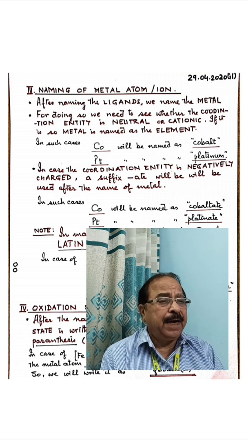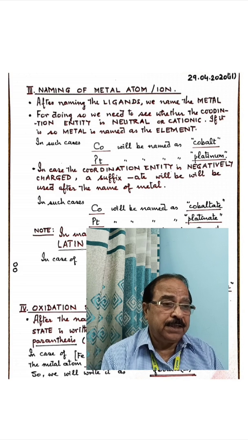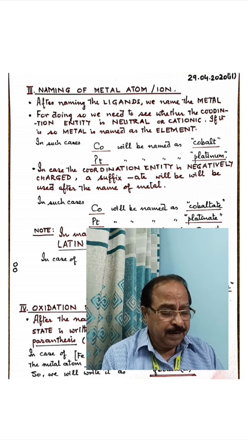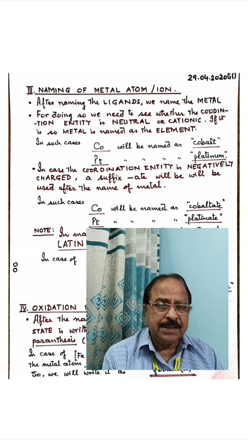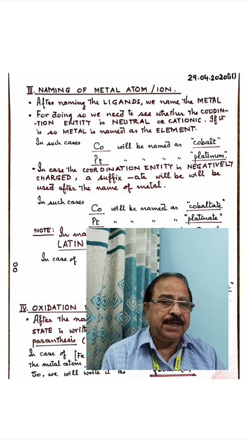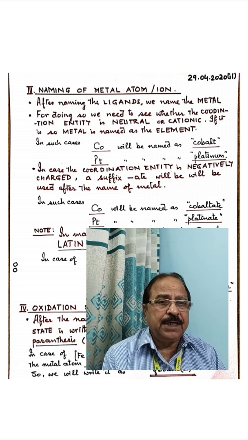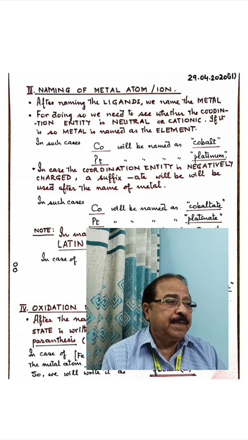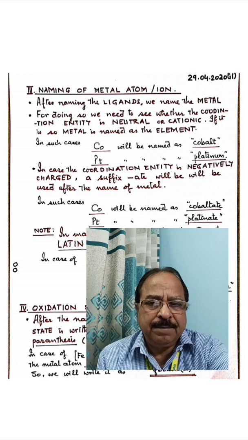If it is a platinum atom present in the coordination entity and the coordination entity is negatively charged, we have to write platinate and not platinum. So you have to remember this, that in cases the coordination entity is carrying a negative charge on it, we have to change the name, we have to add the suffix ate after the name of the metal atom.